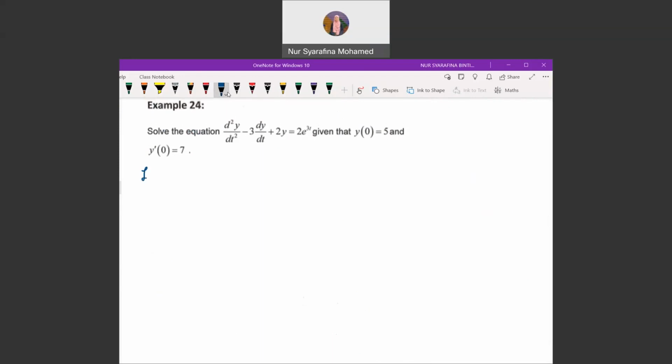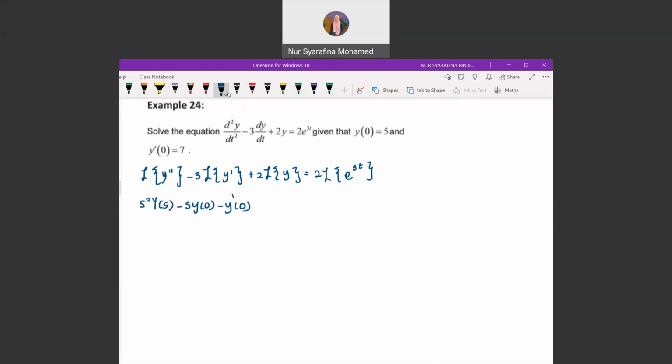So we transform y double prime, transform y prime, transform y, and then transform e to the power 3t here. Transforming y double prime will give you s squared Y(s) minus s y naught minus y naught prime.